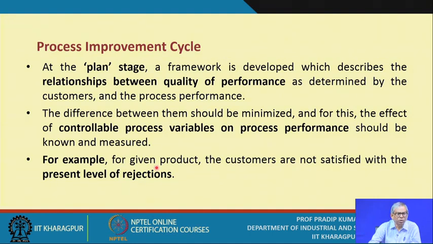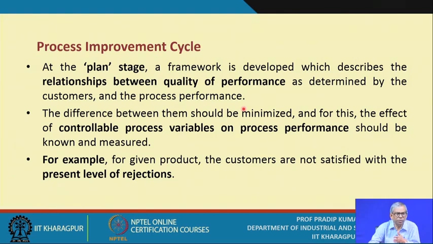Now, what do you do at each of these four stages? Like at the plan stage, a framework is developed which describes the relationship between quality of performance as determined by the customers and the process performance. This is very, very important. If you recollect, there are three phases: quality of design, quality of conformance, and the quality of performance.